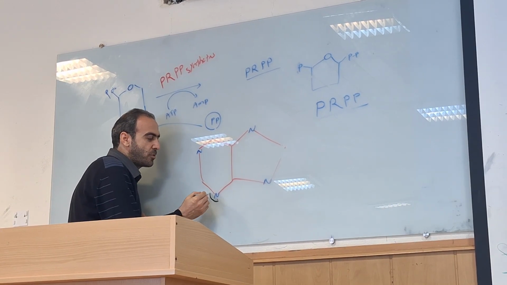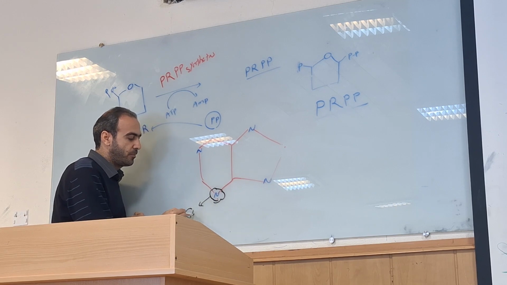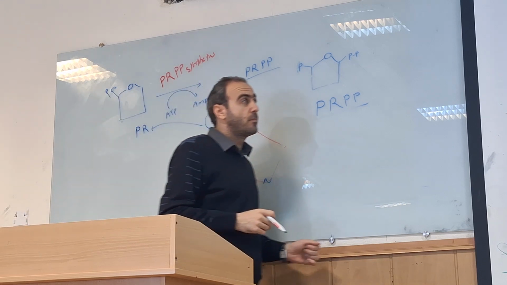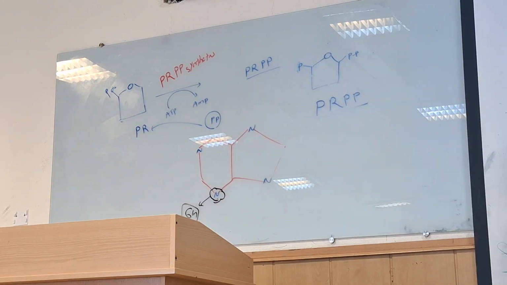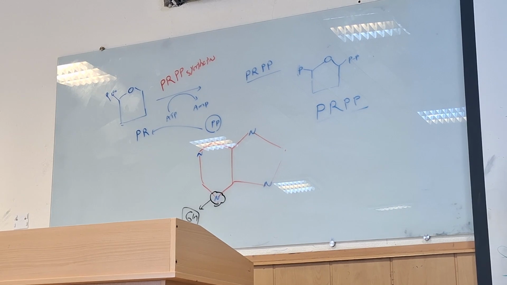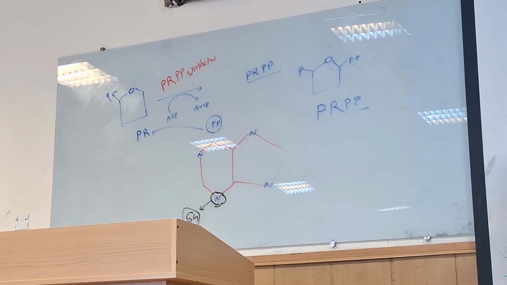This nitrogen, the first nitrogen, is produced from glutamine. The enzyme name is glutamine phosphoribosyl pyrophosphate amidotransferase. It means from the glutamine, an amido group is transferred to the PRPP.